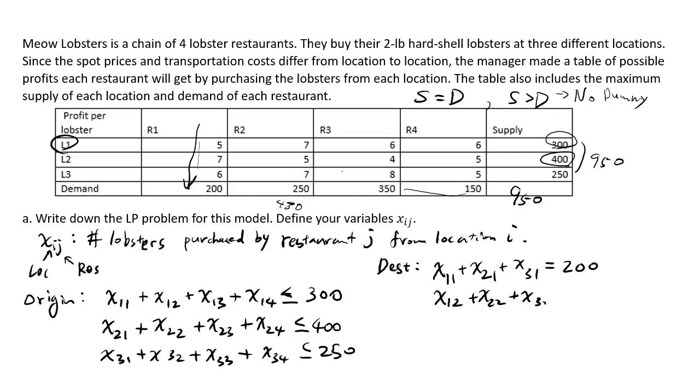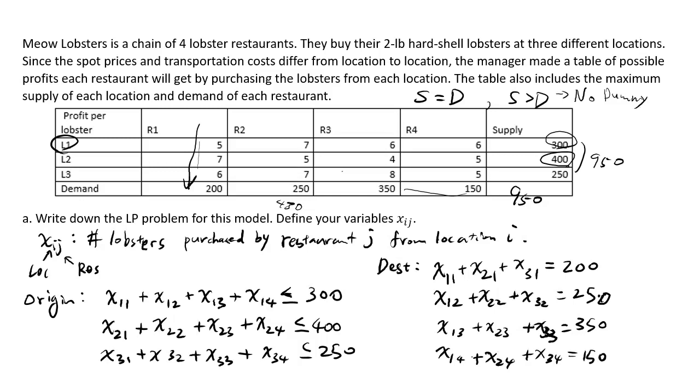These are everything that's going to restaurant 2, and then it has to equal 250. x13, x23, x33, then they have to add to 350. x14, x24, x34 has to add up to 150.